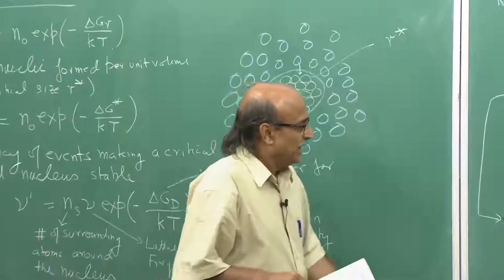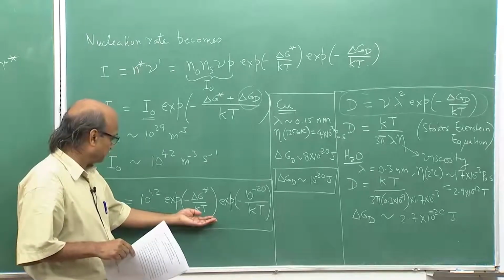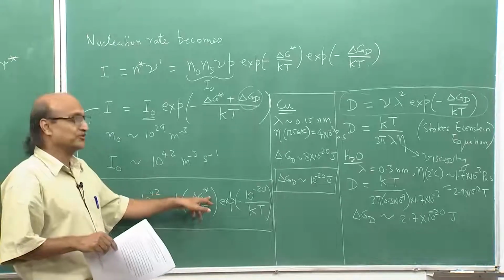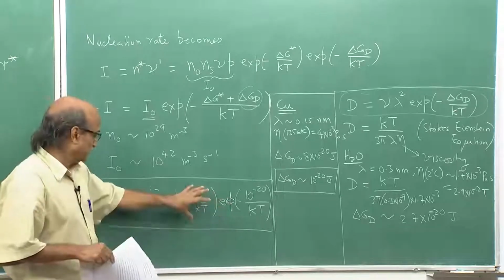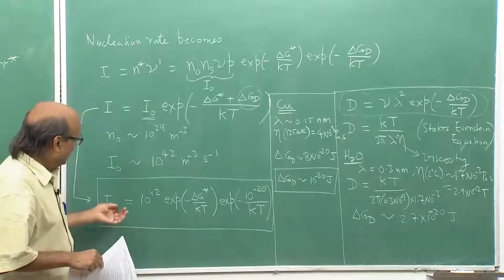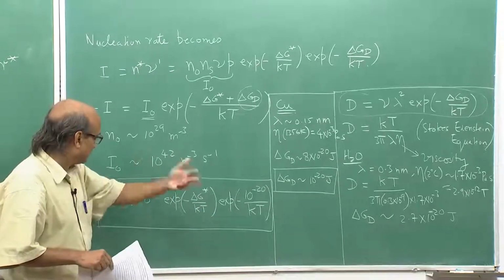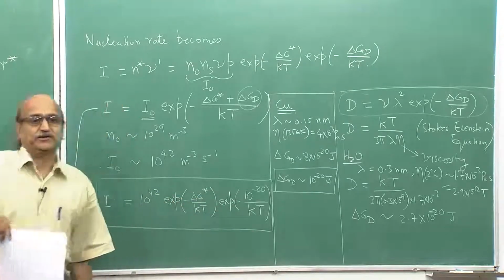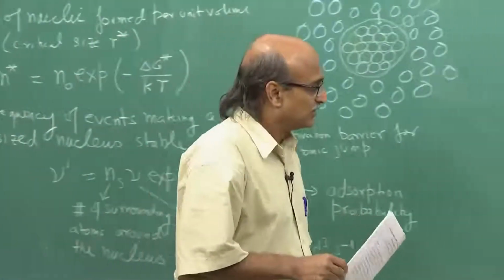So, initially at high temperature also one would find that the nucleation rate is going to be small, because at high temperature delta G star is going to be large, and since it is in the exponential, this value would become quite small, making the nucleation rate low, and then the nucleation rate will increase, reach a peak, but then as the temperature keeps going down, again one will find that the nucleation rate goes down. As we will see in the next lecture.